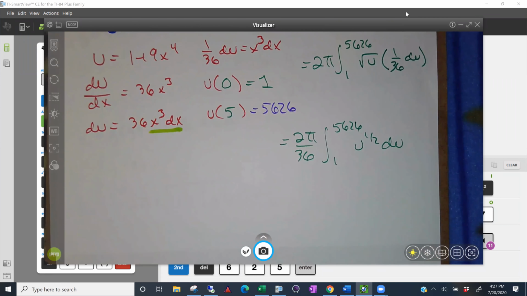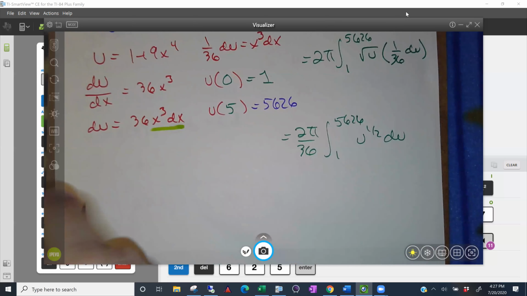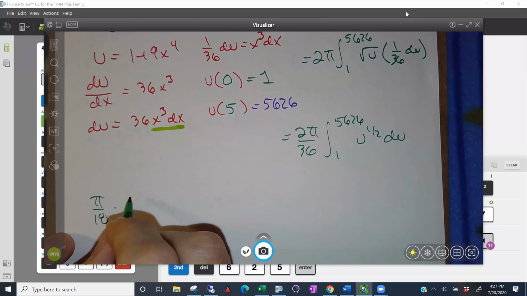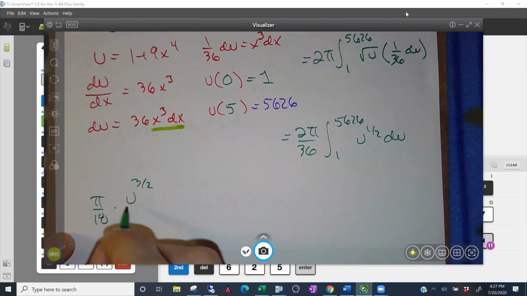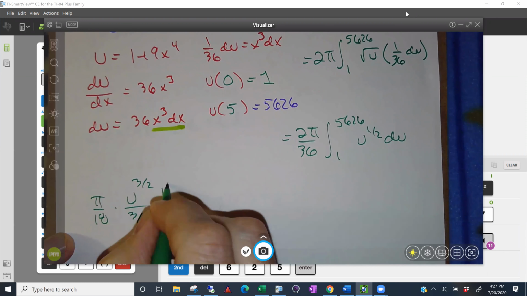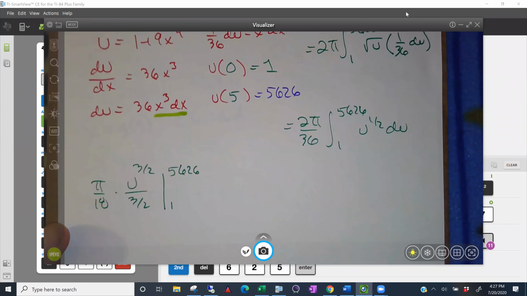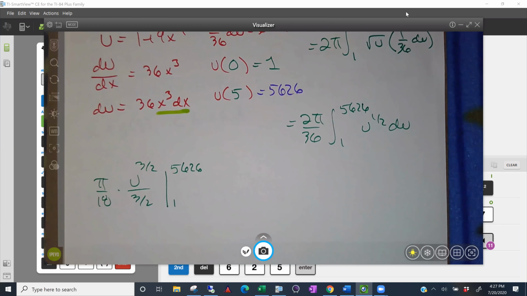Well, let's keep going. We can find the antiderivative of that. Let me cancel that out and write that as pi over 18 times u to the 3/2 divided by 3/2 between 1 and 5626. 3/2 times 18 is going to give me 27.